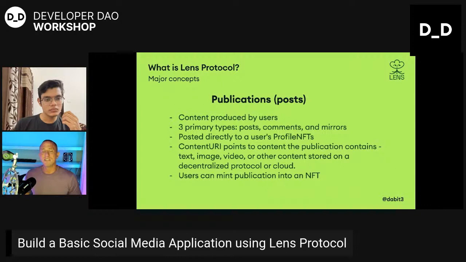And just like an NFT that we're used to, publications also have a content URI that has associated metadata. The metadata might be something like a title, a description, and an image, or it could be whatever that content needs to be. But the content URI is where all of this actual information about the publication is stored.